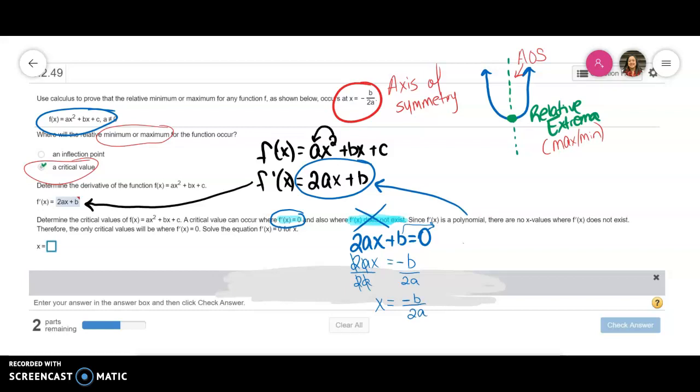So it says, therefore, the only critical values will be found where? I mean, it's asking me where would the critical values be for this particular equation. Well, think about it for a minute. I have my answer in front of me, and you really had your answer given to you at the top. If I have a quadratic, where is my critical value? What points do I have where something important is happening?